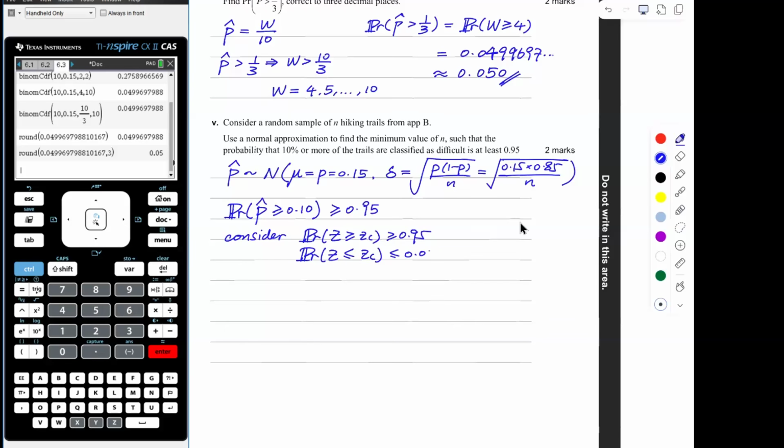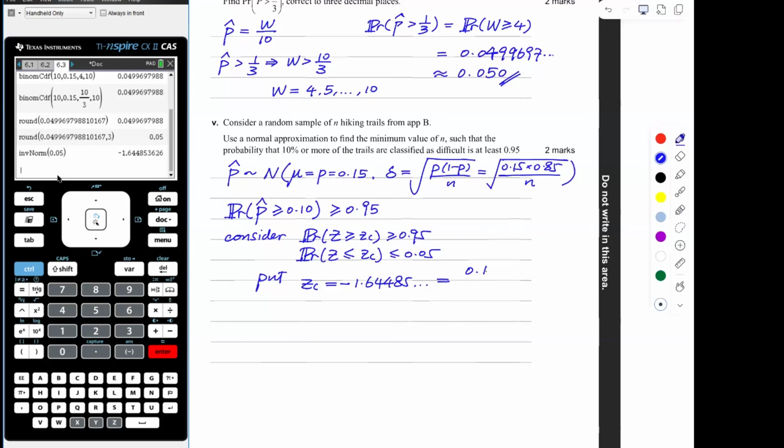So if you use inverse norm 0.05, you get a Z-score. So put zc equals minus 1.64485, equal to the specific P hat value, take away the mean value 0.15, divided by the square root thing, which is the standard deviation, or sometimes we call it standard error. And then we will get an n value.